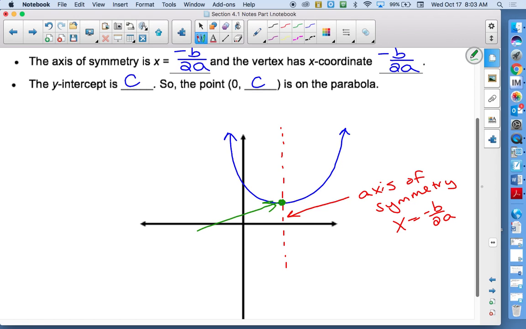The vertex is the highest or lowest point. It also has an x value of -b divided by 2a. We will be finding or calculating y by using x, because once we know x, to get its matching y, we can plug it in.